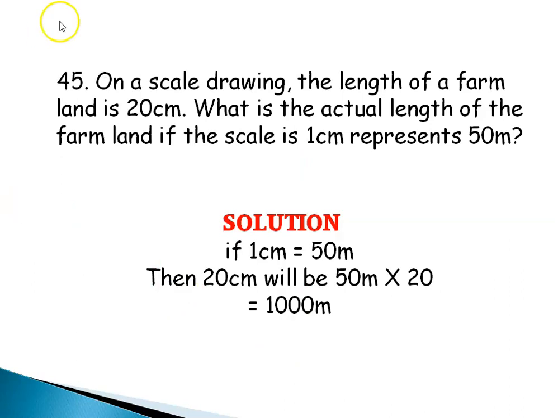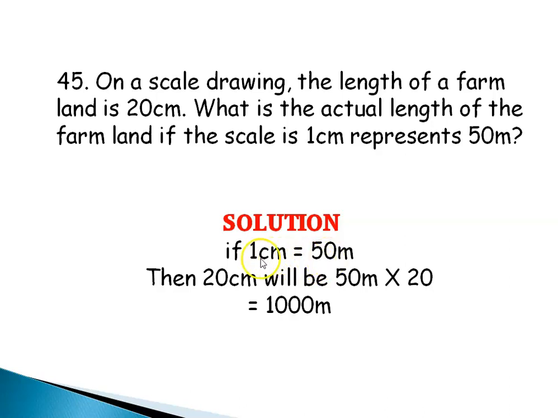The next question. On a scale drawing, the length of a farmland is 20 centimeters. What is the actual length of the farmland if the scale is 1 centimeter represents 50 meters? So if my 1 centimeter is equal to 50 meters, then my 20 centimeters will be 50 meters times 20. It's just like saying x.